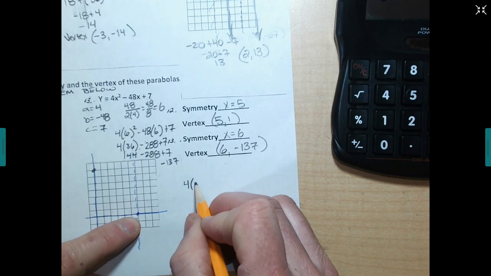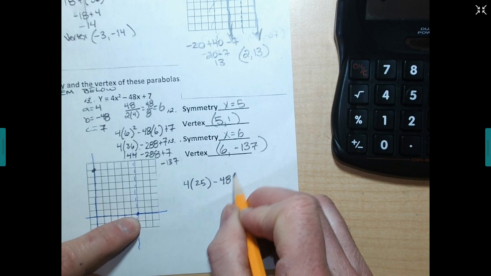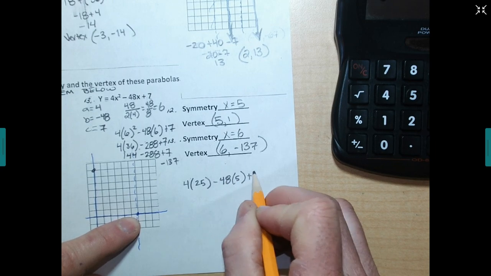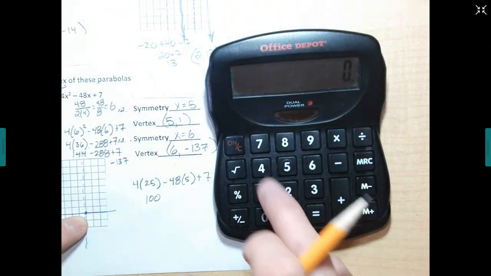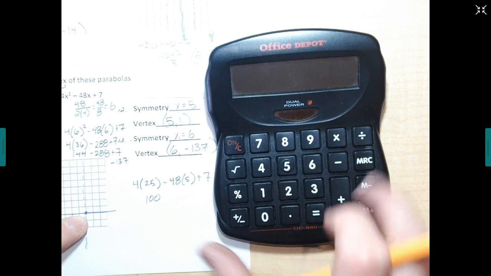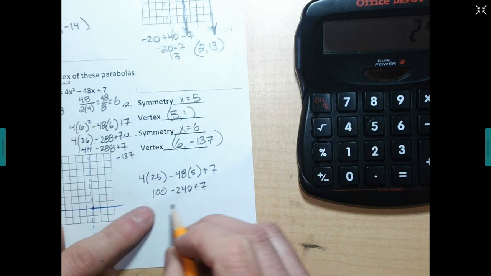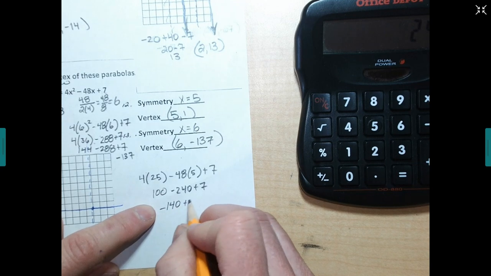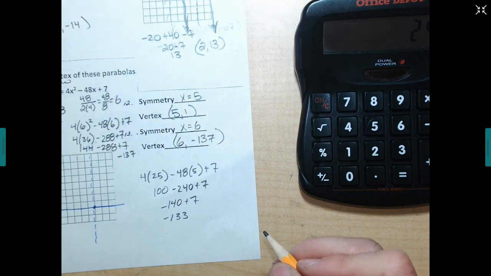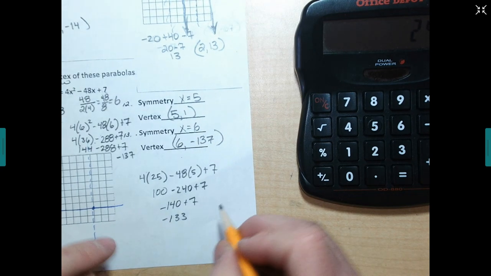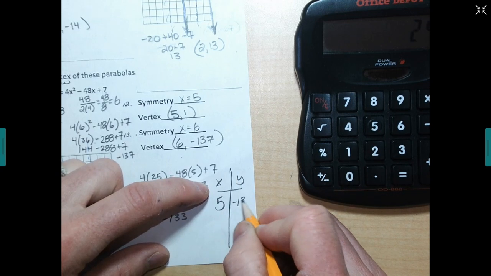So 4 times 5 squared is 25, minus 48 times 5, plus 7. So 100 minus 240 plus 7. So negative 140 plus 7, so negative 133. Okay, so 5 is at negative 133.